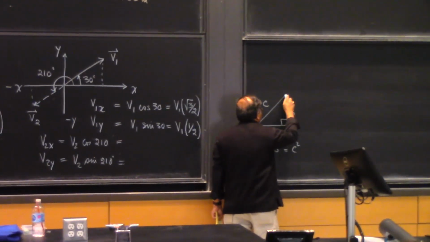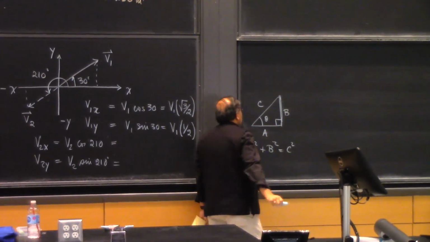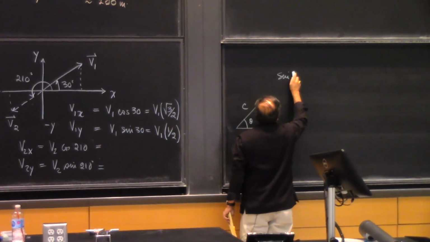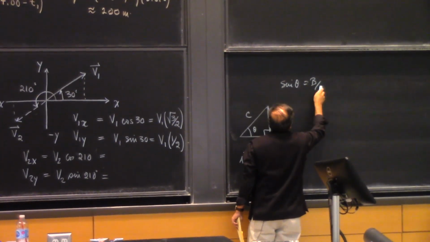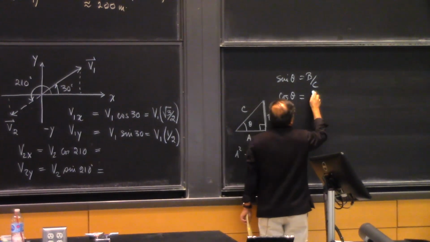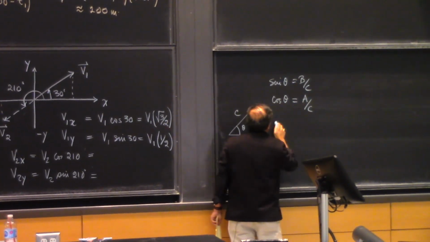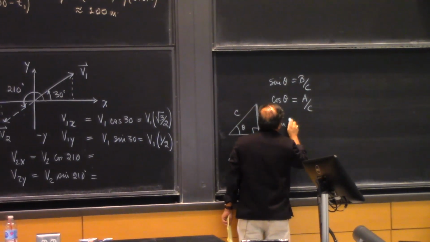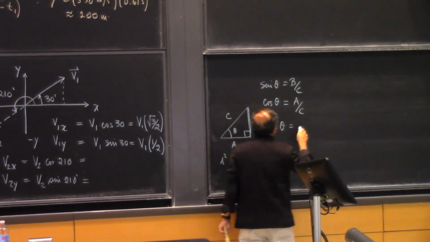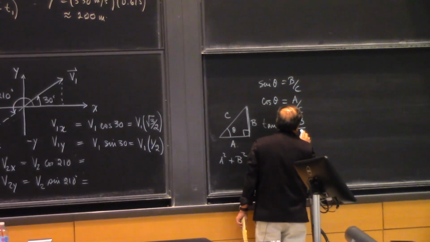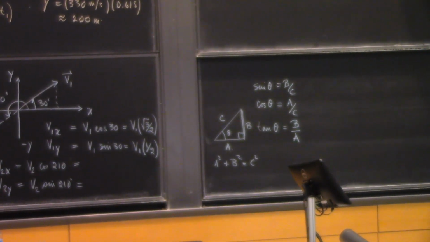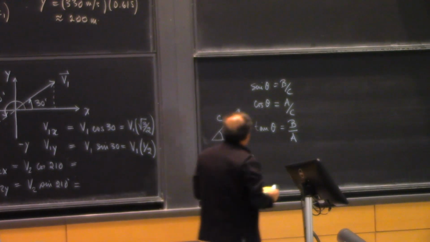Now, let us say that this angle is theta. Then, from what I've already told you, sine of theta is going to be B over C, cosine of theta is going to be A over C, and tan of theta, which is sine over cosine, is simply going to be perpendicular over adjacent, which is B over A. So this is very simple, right? Nothing very mysterious involved here.